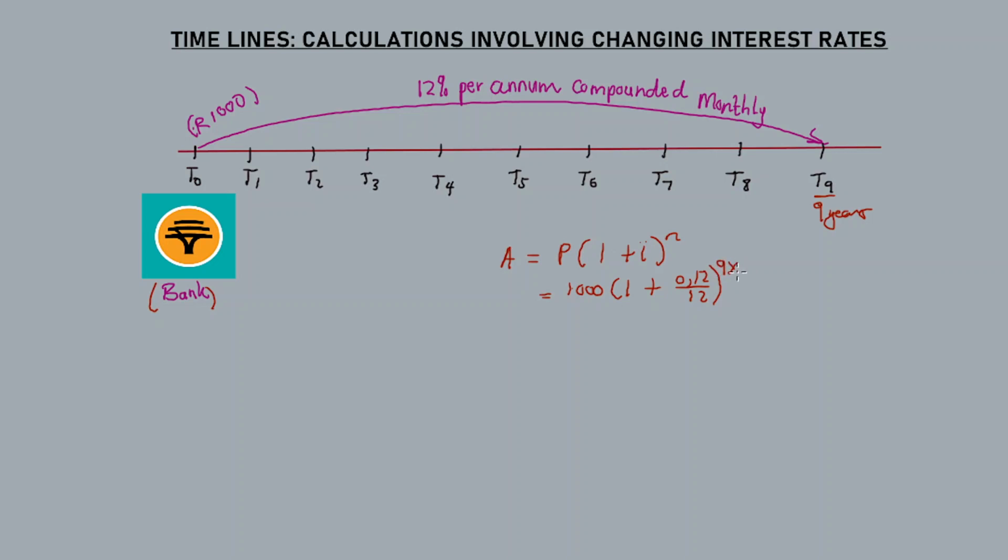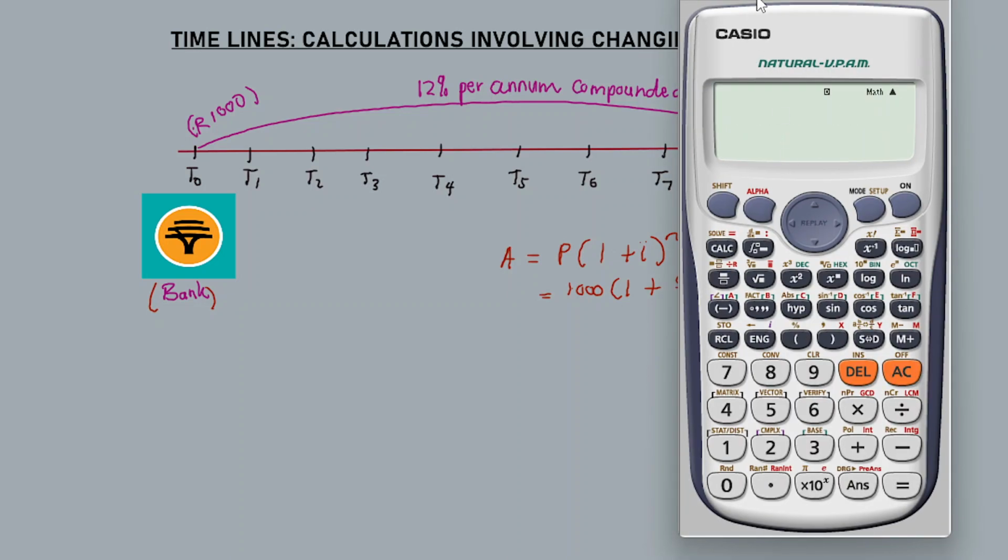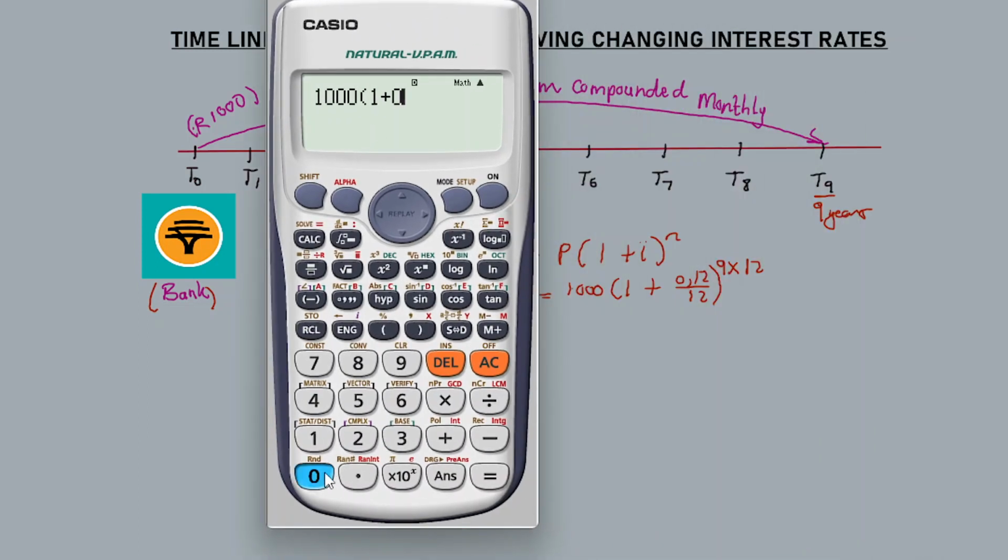So it's 9 times 12. So it's 1,000 rand, open bracket 1 plus 0.12 divided by 12 raised to exponent 9 times 12.